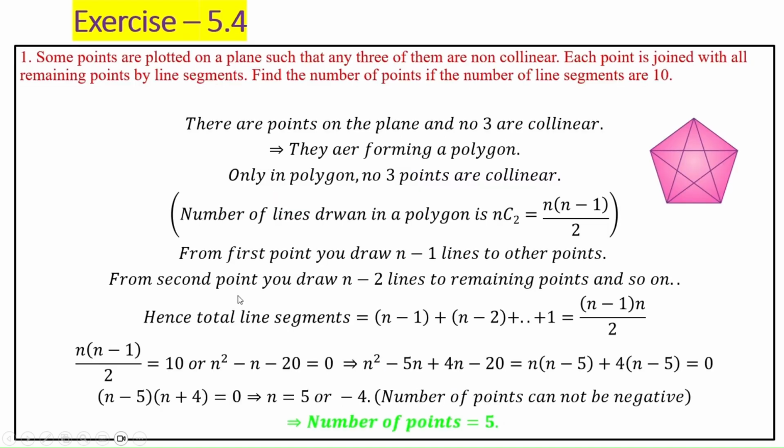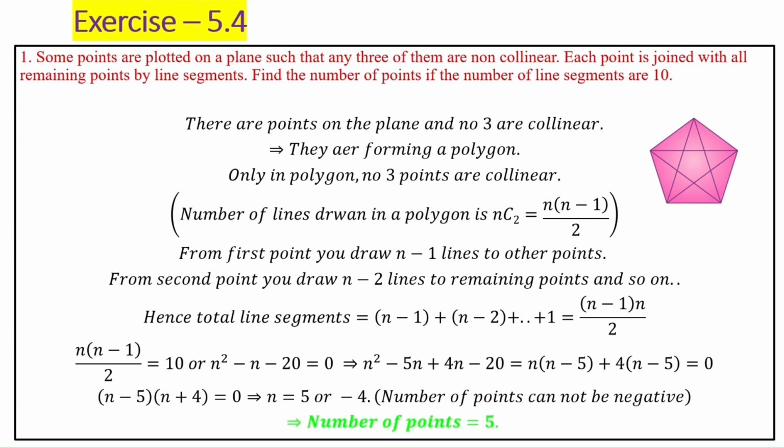Okay, let's do the optional exercise also. Some points are plotted on a plane such that any three of them are non-collinear. Each point is joined with all remaining points by line segments. Find the number of points if the number of line segments is 10.